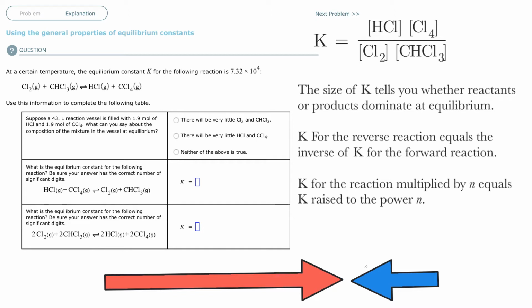So in the case of a K, the K is based on a reaction. I've got it at the top here. It's concentrations. So in the case of this chemical equation, the chemical reaction, you're making hydrochloric acid and you're making carbon tetrachloride. That is up here. These are concentrations.